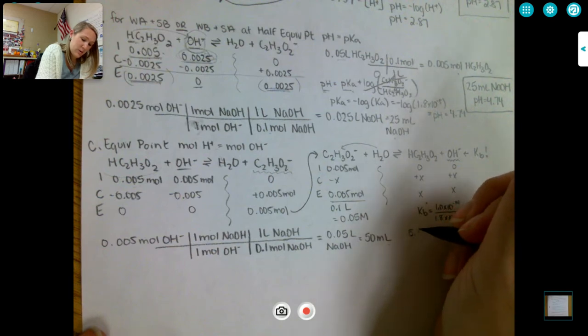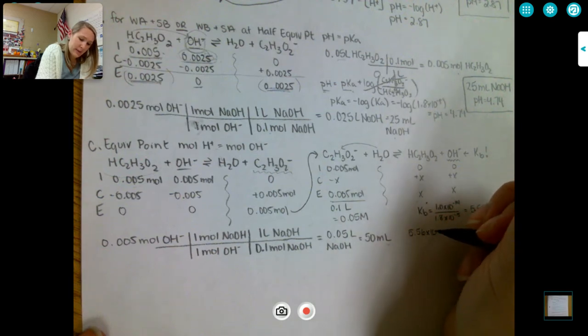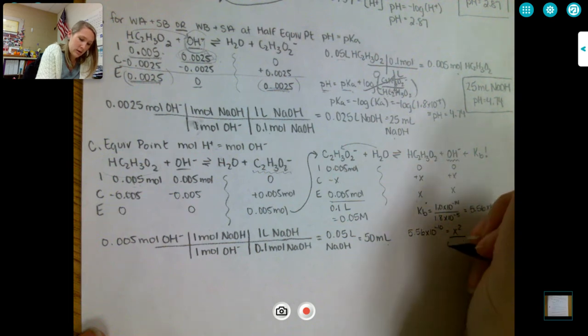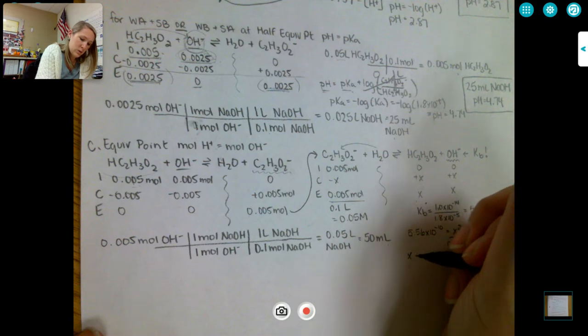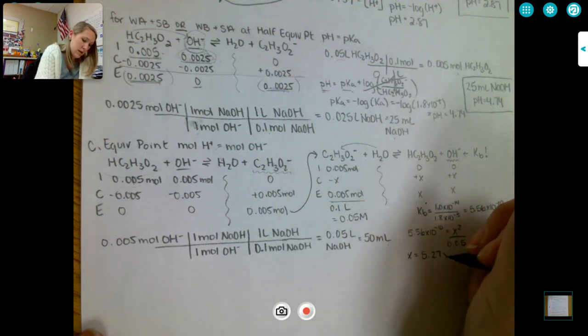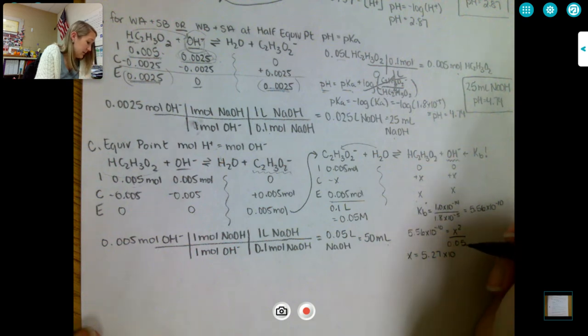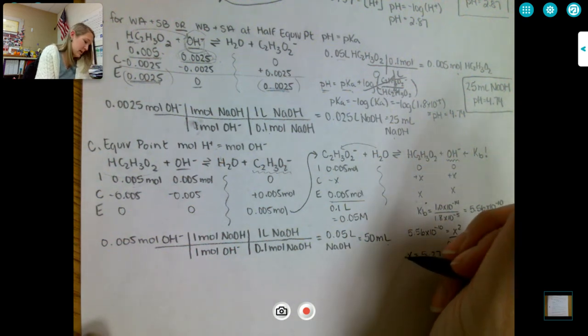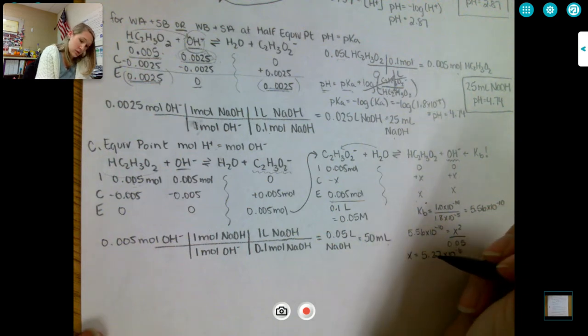So we've got 5.56 times 10 to the negative 10 is equal to x squared over 0.05. When I do this, you can trust me that I get an x equal to 5.27 times 10 to the negative 6. That is my hydroxide ion concentration.